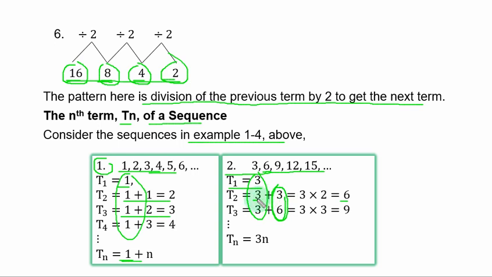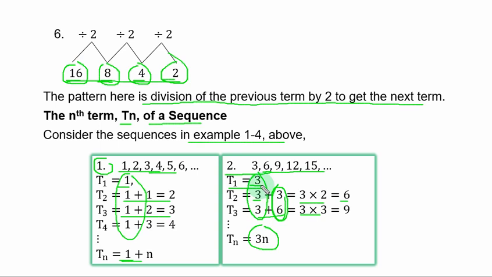So we can express 3 plus 3 as 3 times 2. You can express this as 3 times 3. It therefore means this one becomes 3 times 1. So the nth term becomes 3n. So that when n is equal to 1, you have the first term.